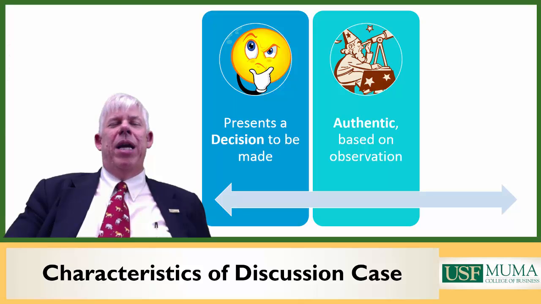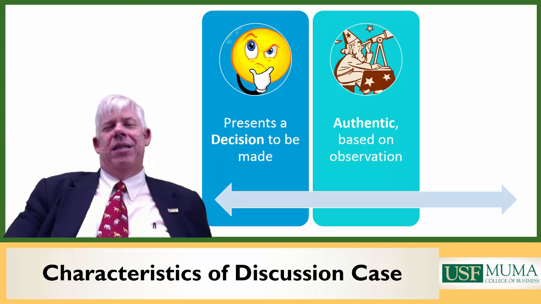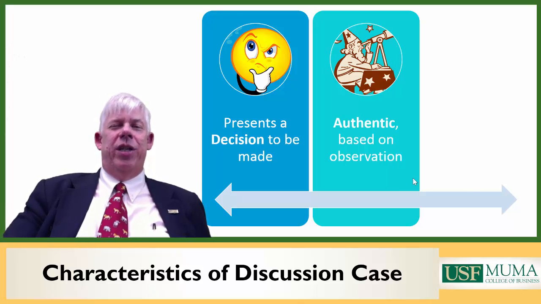If you start making up your case studies, essentially if you start creating fiction instead of authentic cases, there's a very good case that you will be describing scenarios that would not actually exist in business. Now, fiction can be very engrossing, and I can see reasons for writing it. I can even see reasons for incorporating it in the classroom. But when I talk about discussion cases in my context, it's always based upon observation, and they are authentic.